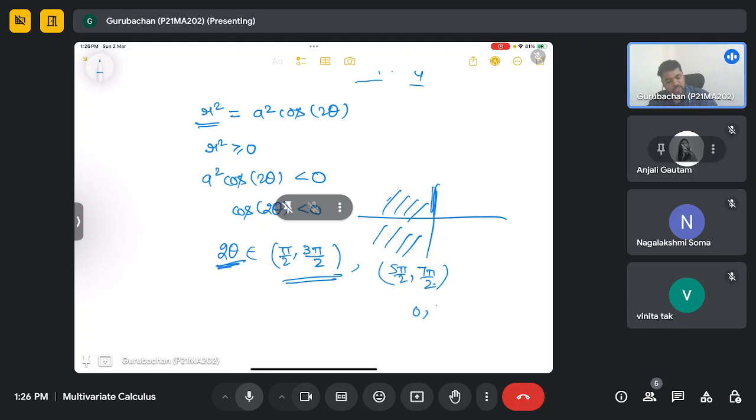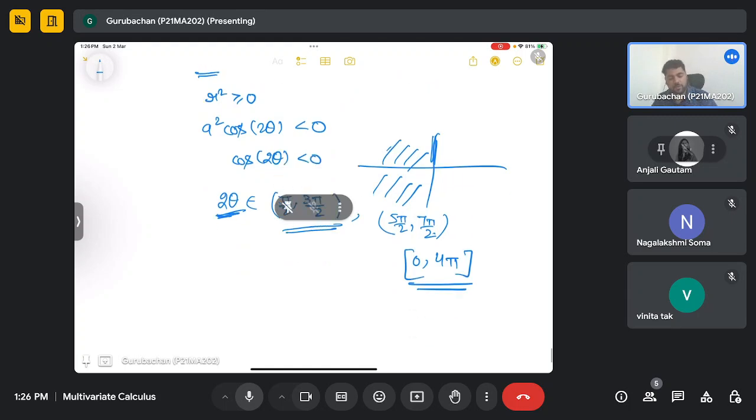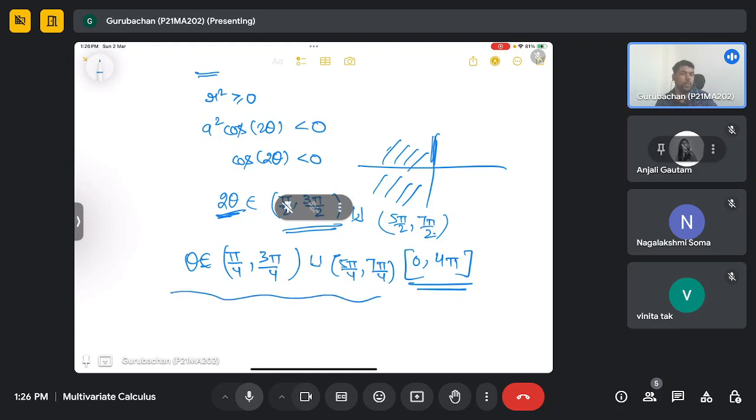So we have to consider the values between 0 to 4 pi, so it is going to be half. So theta will be pi by 4 to 3 pi by 4 union 5 pi by 4 to 7 pi by 4. So our region should not belong to this, or we don't need to draw in this particular region.